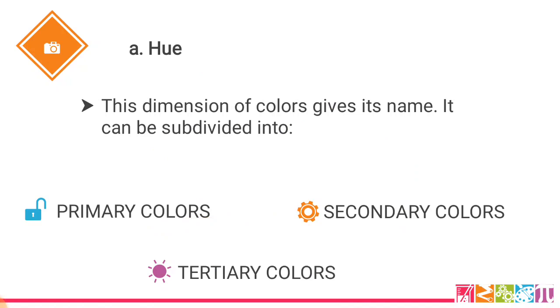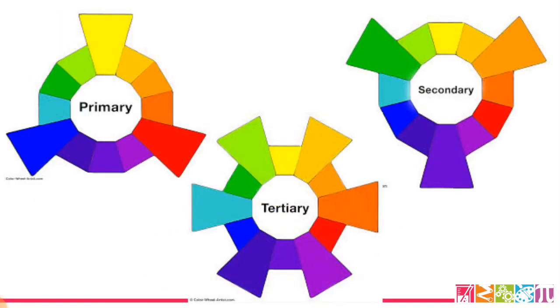Every color is a hue, right? So this dimension of colors gives its name. It can be subdivided into three: the primary colors, secondary colors, and the tertiary colors. So primary colors, we have the blue, the yellow, and red.